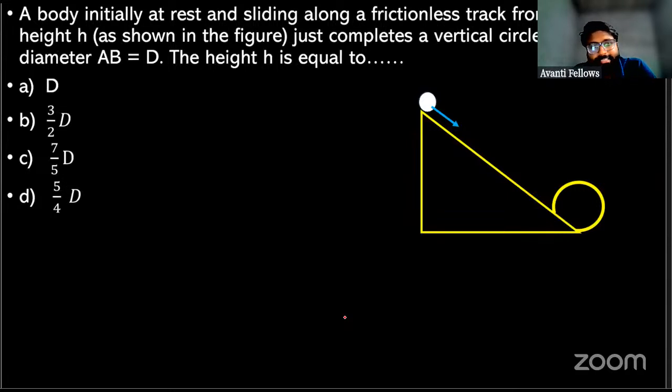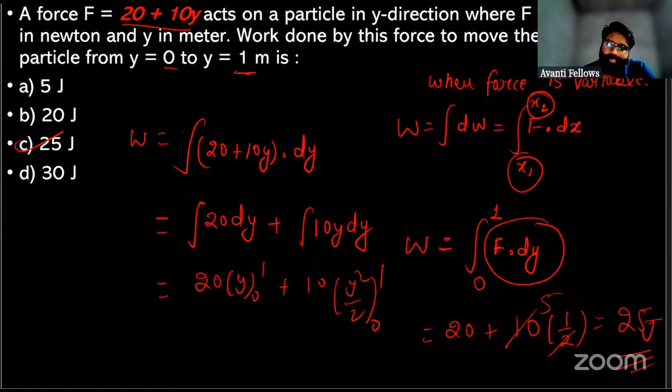A body initially at rest and sliding along a frictionless track. Okay, I can explain the last step. Dekho, we have taken this integration f dot dy, put the value of f which is 20 plus 10y, then we distribute the dy over 20 and 10y, so 20 dy plus 10y dy.